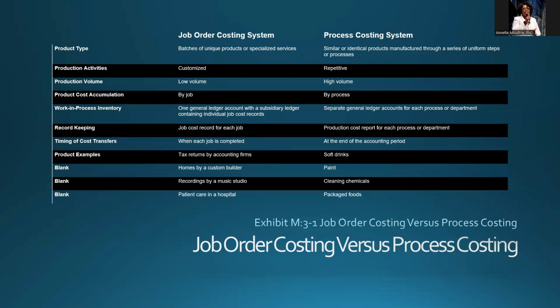You have low volume in job order costing and high volume in process costing. In job order, you have one general ledger account with a subsidiary ledger containing individual job cost records, whereas in the process costing system, you have separate general ledger accounts for each process or department. Those are just a few examples.